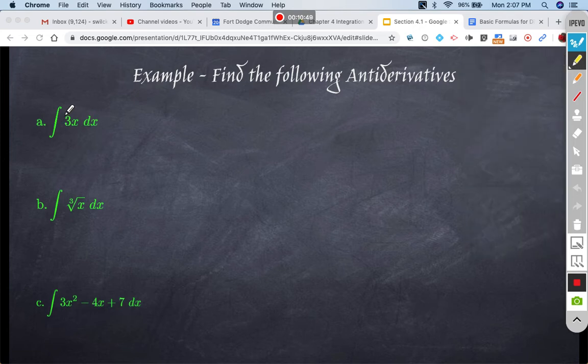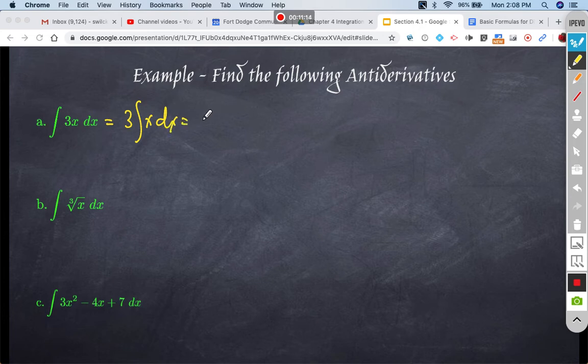So for here, I'm going to break these really down to the basic elements as we're starting to go through to get the hang of it. When you get more comfortable with this, you will probably shorten this up a little bit. But I'm going to go through step by step. I'm going to first use the constant multiple rule and say this is 3 times the integral of x dx.